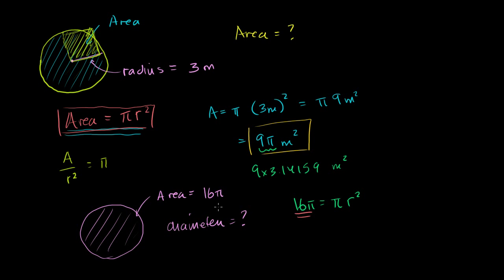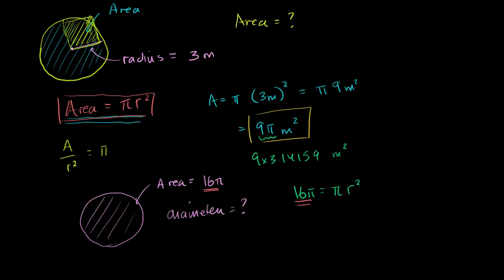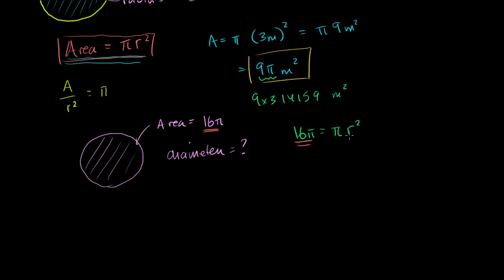So area, which we've been told is 16 pi, is equal to pi times radius squared. Now, if we divide both sides of this equation by pi, we get 16 is equal to r squared. And then you take the square root of both sides, and you get 4 is equal to r. I guess r could also be equal to -4, but we're dealing with distances here. You can't have a negative radius, at least in the world we're living in right now.